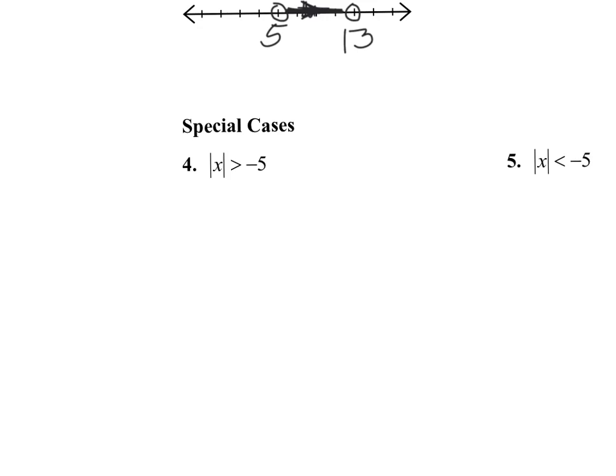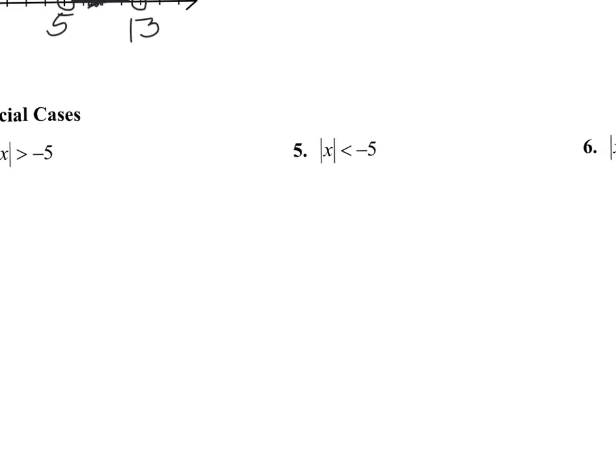So what that means is we have all real numbers, and you can just simply put R, because that tells me we have all real numbers. Or you could say x is an element of the real number system, stuff like that. Now over here, conversely, we have the absolute value of x is less than negative 5.